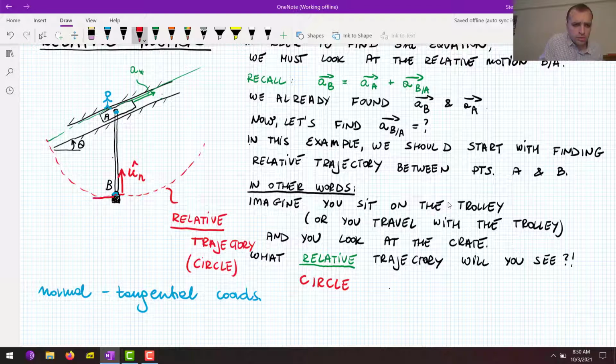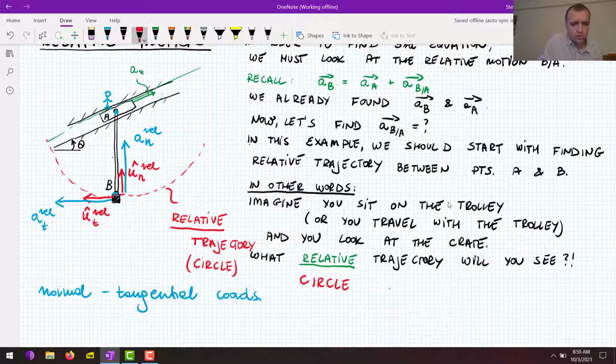I will put in here u_t. All right, and our accelerations will look like that. They will have these two components, a_n relative and a_t relative. And these two vectors are also expressing relative motion, so I'm going to put superscript rel in here.